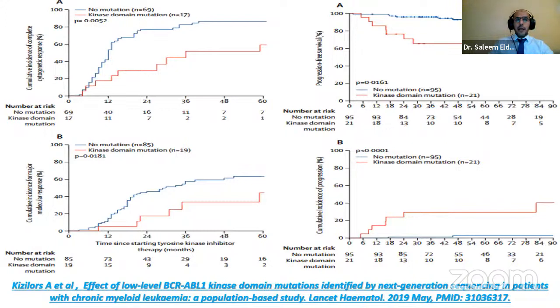Additionally, an important point to mention is that kinase domain mutations, which are usually acquired during first-line treatment, are associated with worse outcome in patients with CML. So patients who acquire kinase domain mutations have lower cytogenetic responses, lower molecular responses, lower progression-free survival, and higher risk of progression.